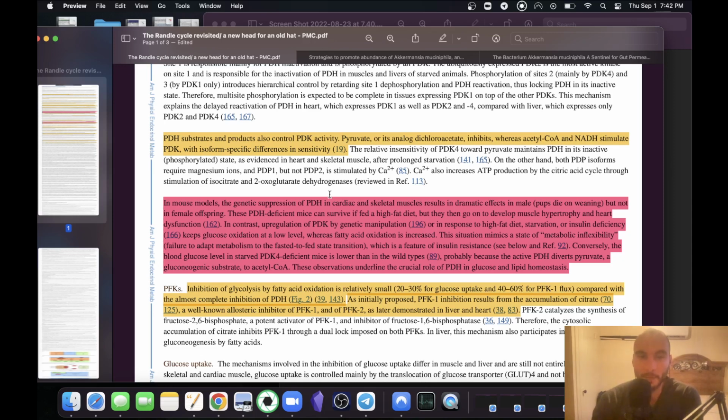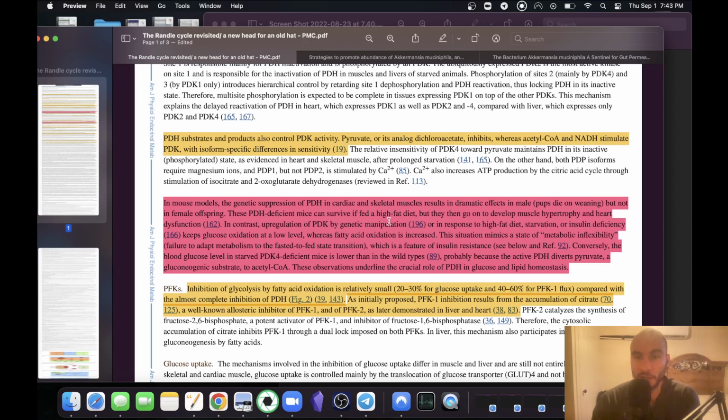So again, shutting down pyruvate dehydrogenase genetically, or increasing high fat feeding, inducing starvation, perhaps fasting, and also insulin deficiency, creates a state of metabolic inflexibility and insulin resistance.